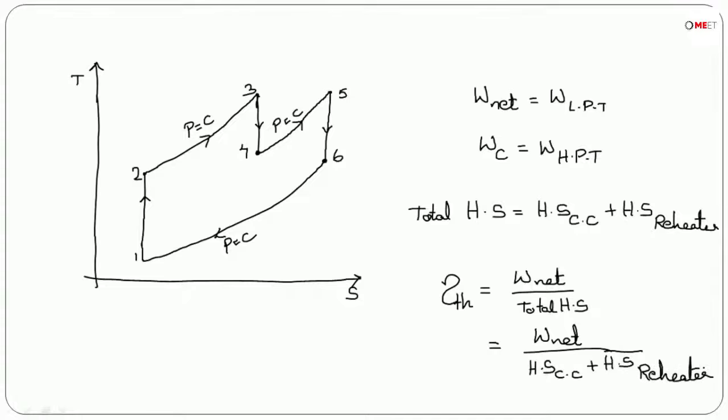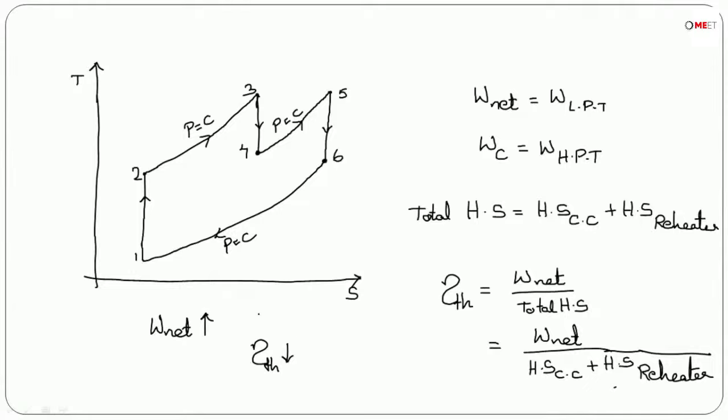Now try to understand here, dear students, carefully that even though there is an increase in the net power output, the thermal efficiency in this case also decreases because of additional heat supplied in the reheater.